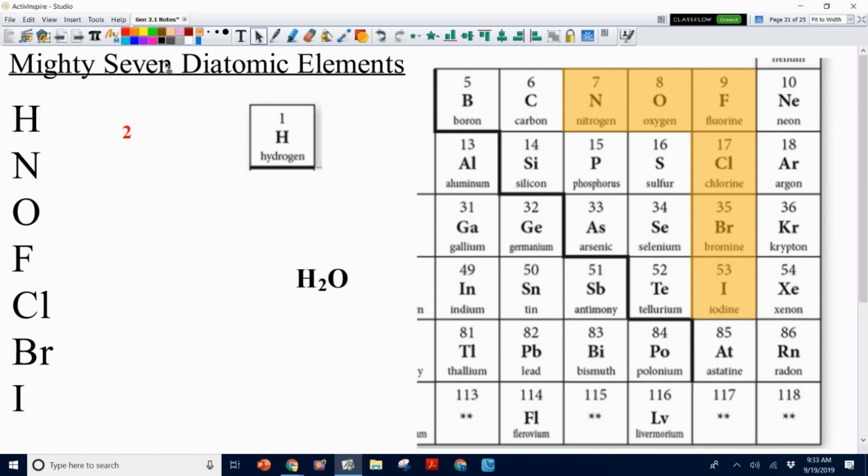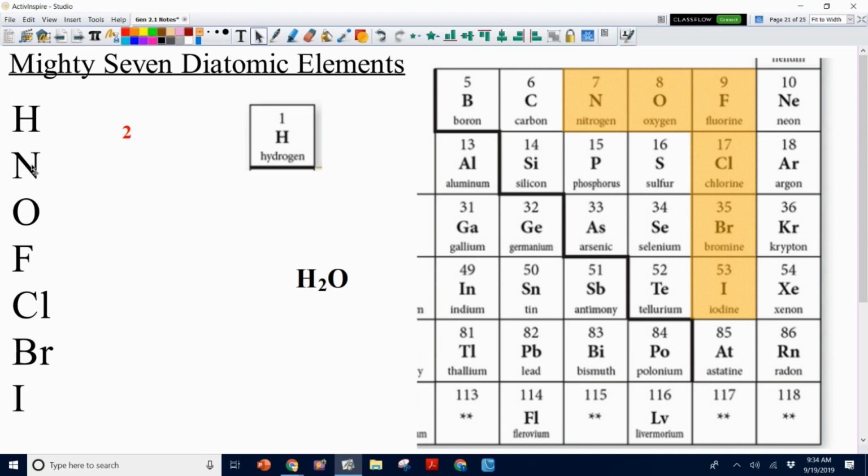Now you have to know these 7 diatomic elements. The reason we call them the mighty 7 is because it makes a 7 on the periodic table, or you can use an acronym. I'm going to tell you what the acronym is that I use to remember this. So if you put H, N, O, F, Cl, Br, I: horses need oats, O-A-T-S, oats, for clear brown eyes, and we use the I for eyes.